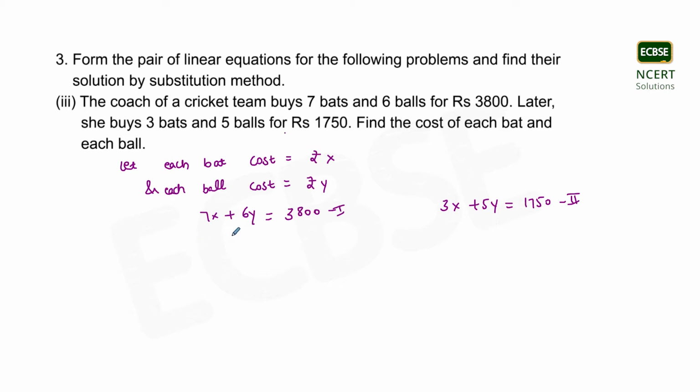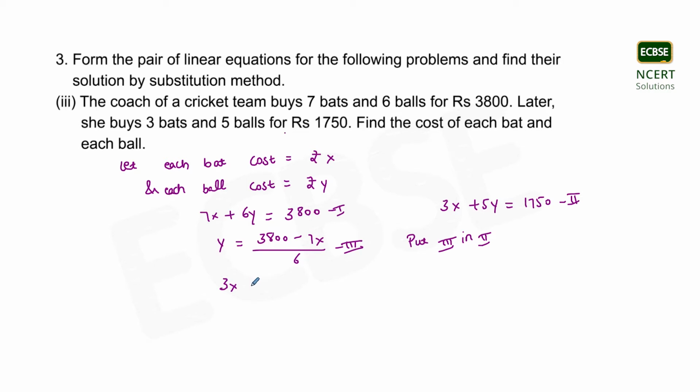Now the first step is to find the value of y. So from the first equation, the value of y comes out to be equal to (3,800 minus 7x) by 6. Let this be equation third. Now put 3 in second equation, that is, substitute the value of y in second equation.